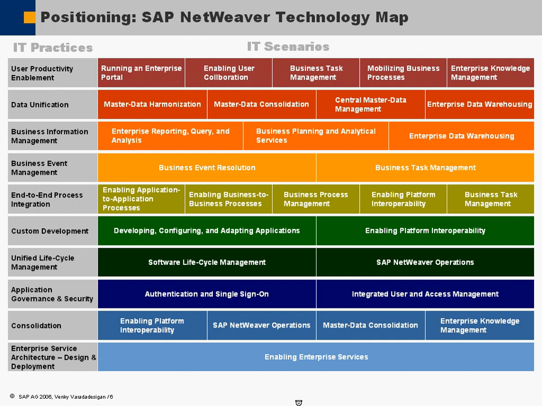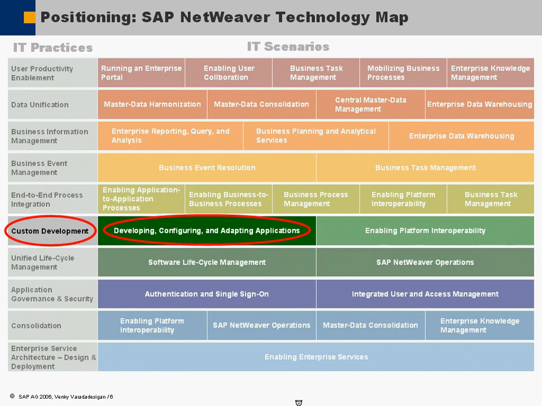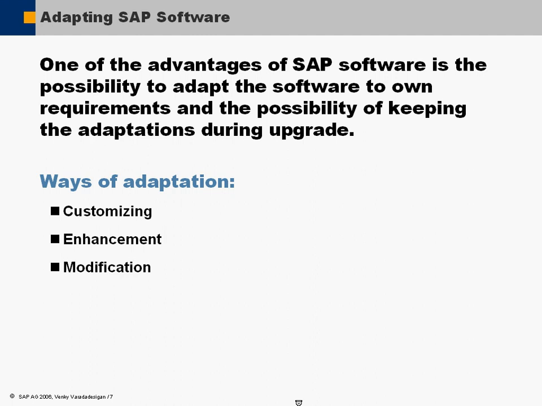These are the IT practices and IT scenarios under each practice. As you can see, custom development is an IT practice, and under that we have the IT scenario called developing, configuring and adapting applications. Enhancement Framework is part of developing, configuring and adapting applications in the ABAP stack.